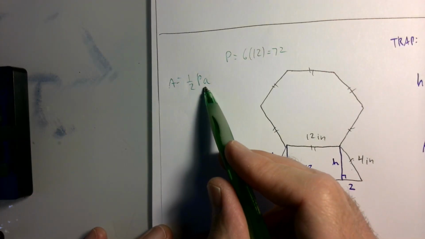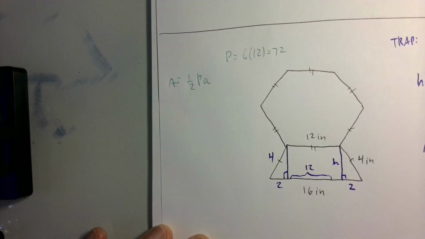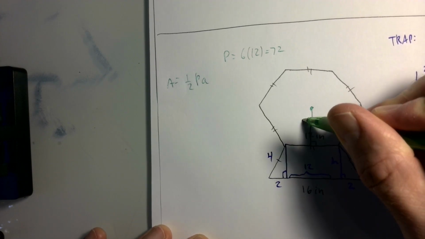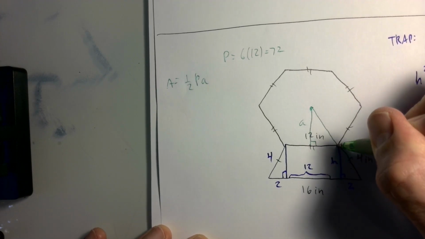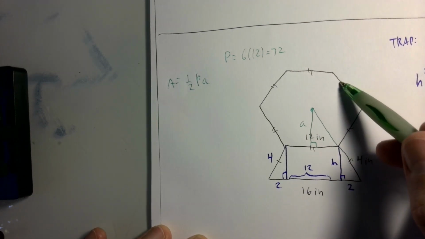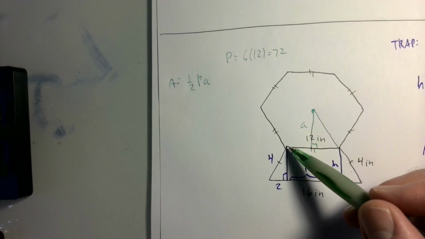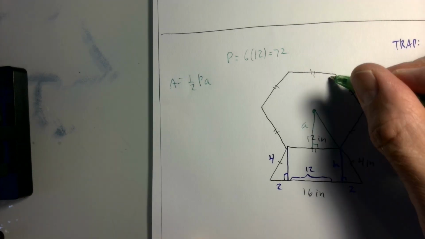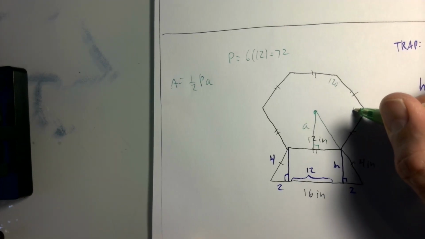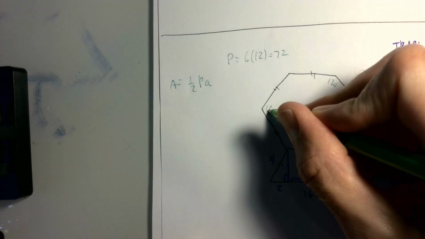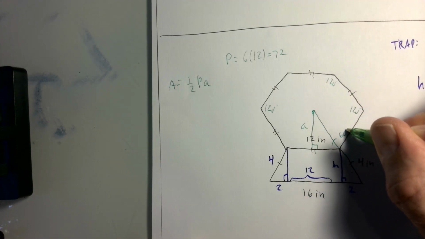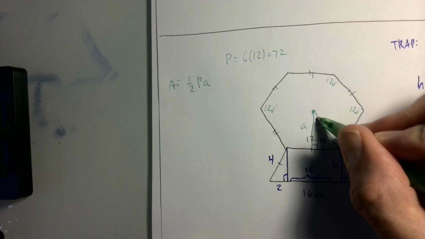And then, as I've mentioned, the tricky part is to get the apothem. So let's go ahead and draw in our center, the apothem, and find some angles. So if you work out the angle formula, n minus 2 times 180 divided by n, you're going to see that each of these angles is 120 degrees. And that radius bisects it into a 60, oh look, 90, 60, 30.